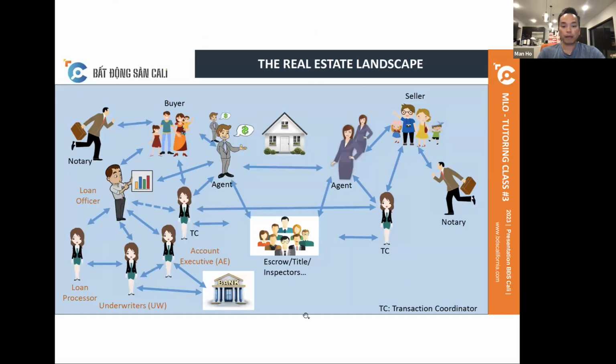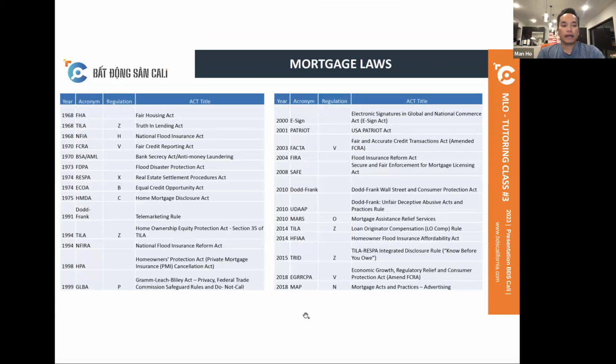Before I go on, has everybody tried to register the NMLS ID and also register for the class? This class that I'm teaching right now is mainly a mentoring class. It's not a class that will give you a certificate to go and take a test.